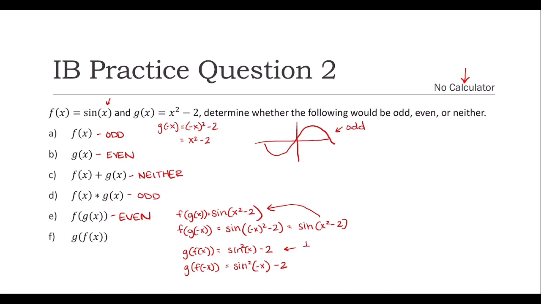So 1/2 squared is 1/4 minus 2. So this is if x equals pi over 6. So if we put pi over 6 into here, our sine of negative pi over 6 is negative 1/2, but negative 1/2 squared is still 1/4 minus 2. So it appears as though our g of f of x is equal to our g of f of negative x, so this is also going to be an even function. So that's how you would solve these problems.